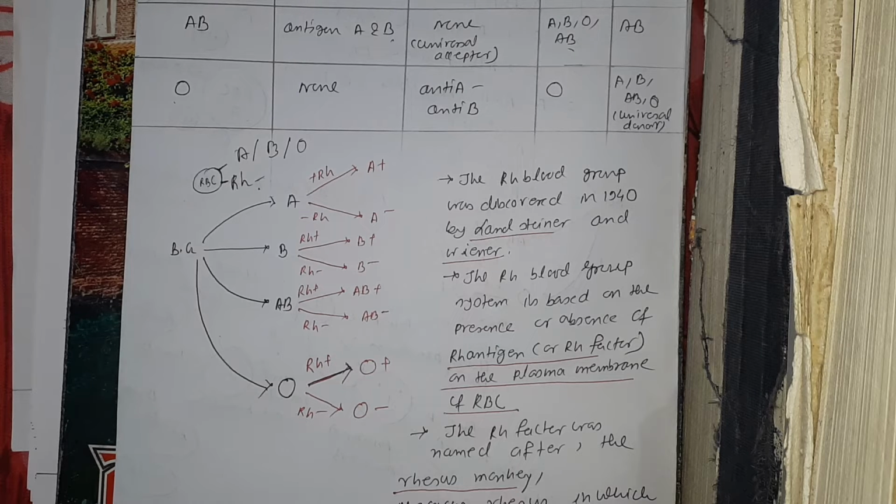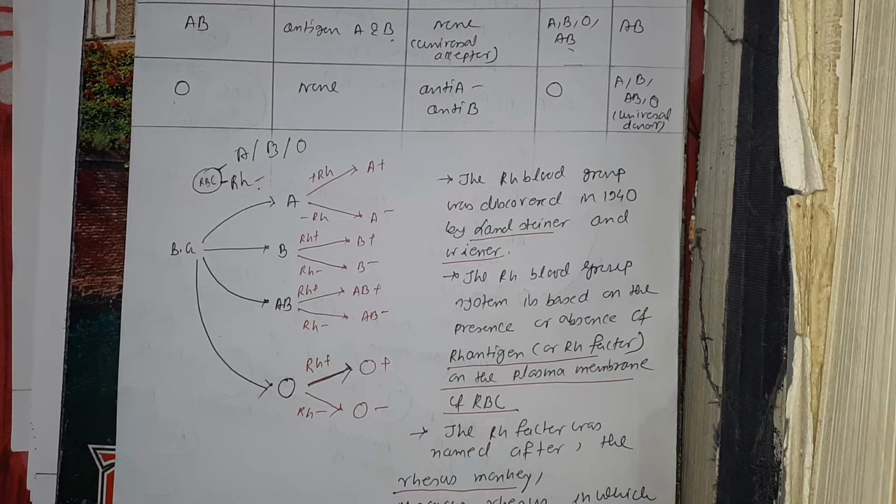Before going to talk about today's video, we have already talked in our video number 1 about how our blood components are divided before going to blood group, that is platelet, WBC, RBC and plasma, and on the basis of antigen presence on RBC we have classified our ABO blood group system, right?